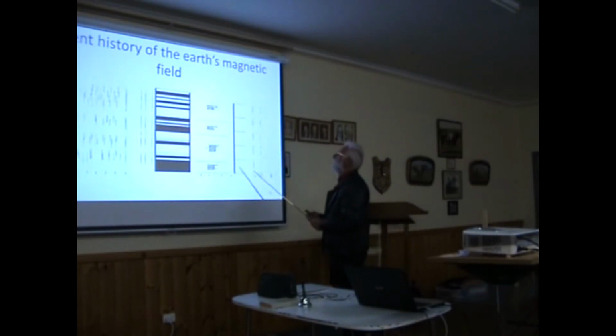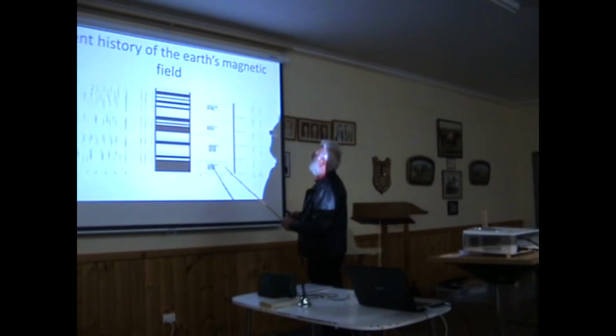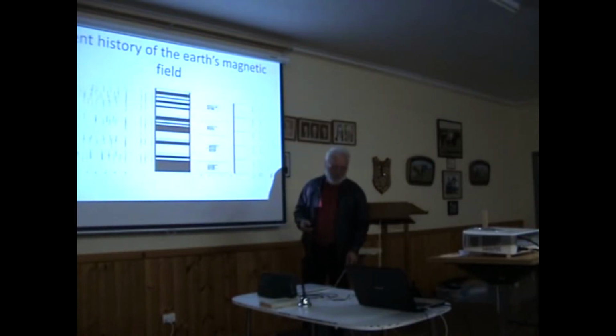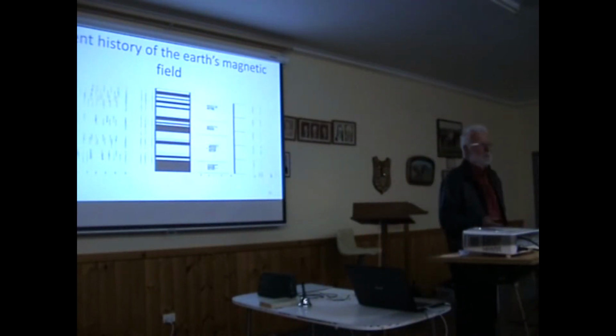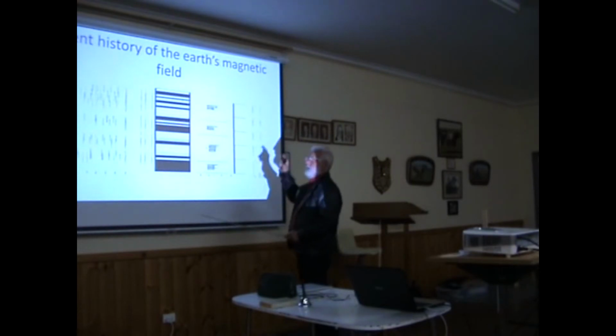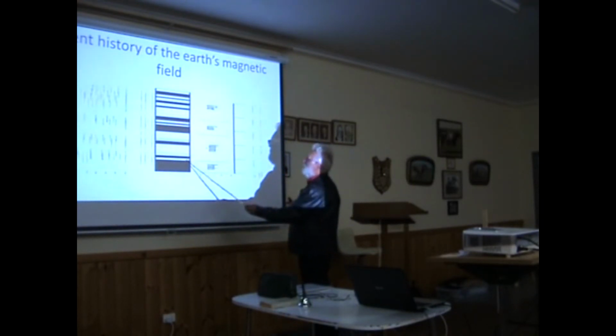This is a timeline from the present here, going back in time, and these bands are effectively the direction of the Earth's magnetic field, whether the North Pole is at the north or at the south. So when it's black, it's like it is now, with the magnetic South Pole near the geographic North Pole.